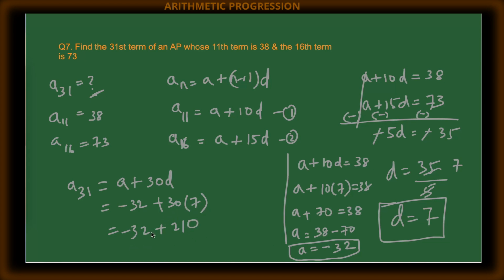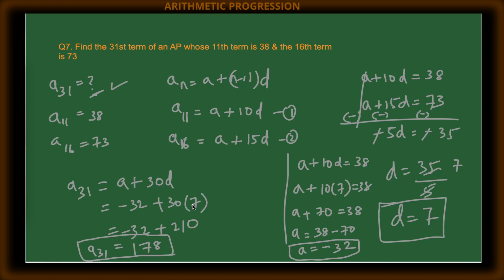This is plus, so signs are very important here. If we make a mistake, that is going to fail our solution. So minus 32 plus 210, we subtract 32 from 210, and it becomes 178. So the value of A31, which we needed to find, has been found here.